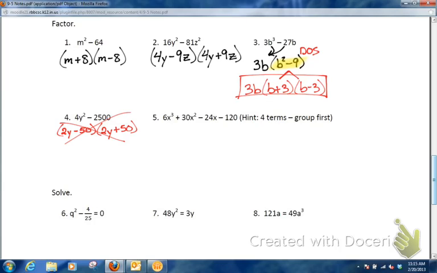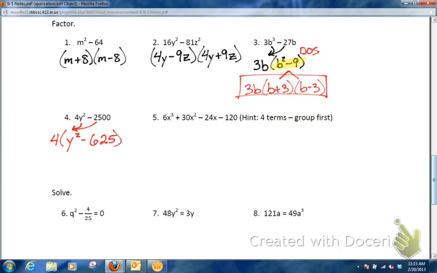And the reason that's not the right answer is you forgot that even though this is a difference of squares, it does not mean that you don't still have to first check for what? You have to first check for GCF. So if you look at this problem closer, the first thing that should happen here is I need to factor out a 4. You factor out that 4, you have y squared minus 625.